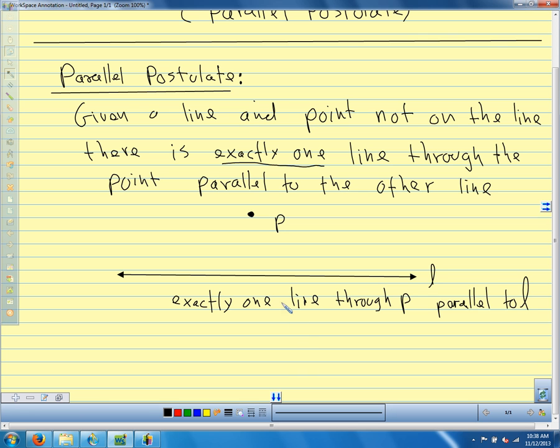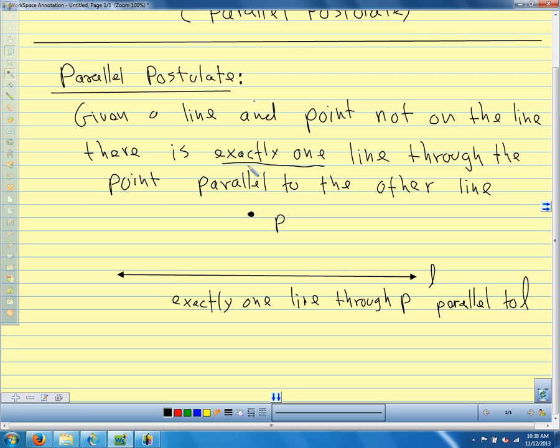And then if we talk about an infinite number or no lines being parallel, then we end up with a different kind of geometry. So not accepting the parallel postulate, or thinking about it in a different way, leads us to different places in math. It leads to all kinds of different geometries than plane geometry.